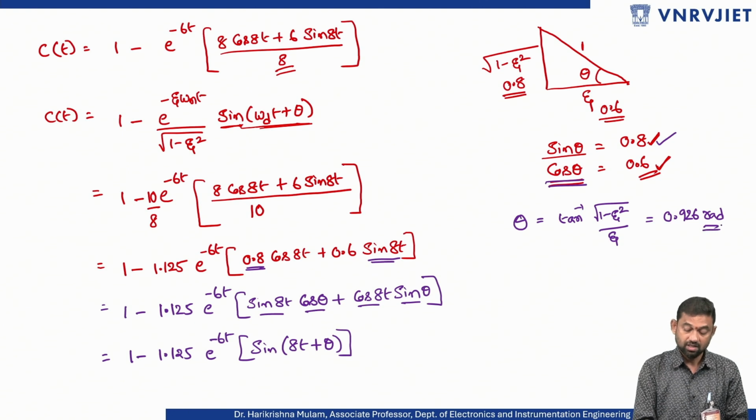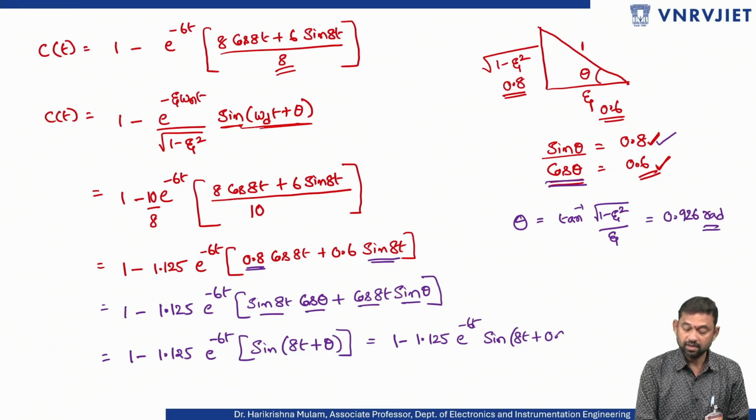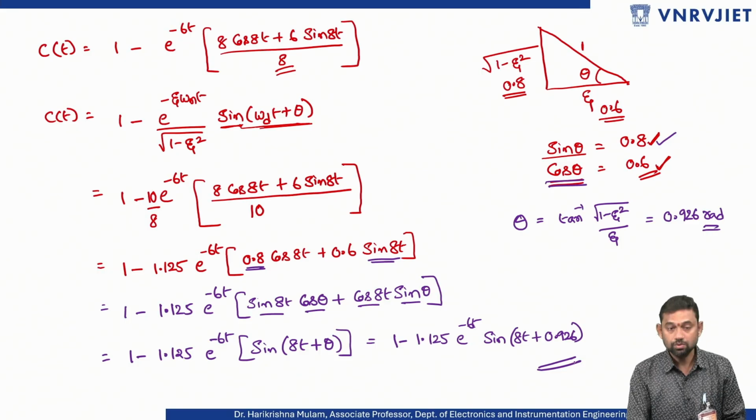Therefore, finally, the expression for the response of this positional control system is 1 minus 1.125 into e power minus 6t sin (8t plus 0.926 radians).